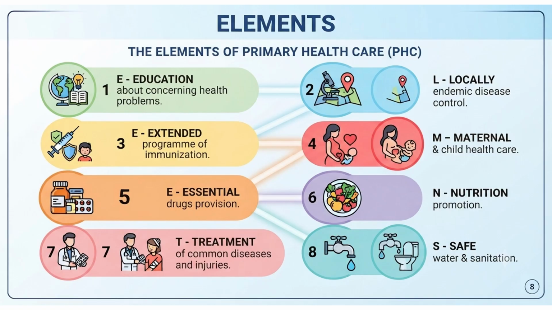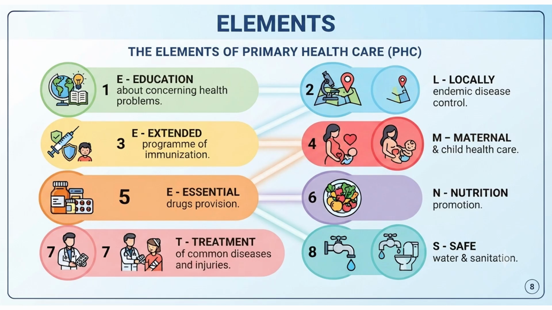Now we will see one more trick to remember the elements of primary health care. You can remember the mnemonic ELEMENTS itself. In elements, first is E. E we can remember as education concerning prevailing health problems in the community.